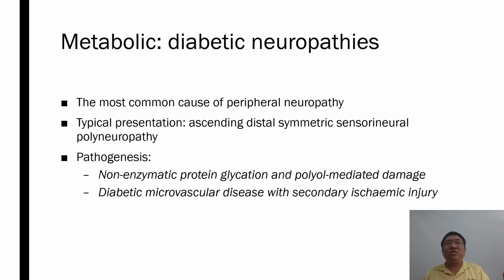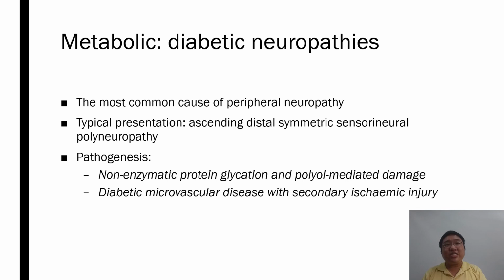So we may use something that is sharp to put on their hands and their feet and ask them if they feel that the thing that we put on is sharp or not. If they have some degree of diabetic neuropathy, they will tell that no, it is not sharp at all. So they will not feel that it is sharp. So that is a sign of diabetic neuropathy.